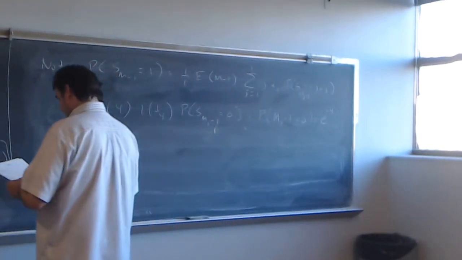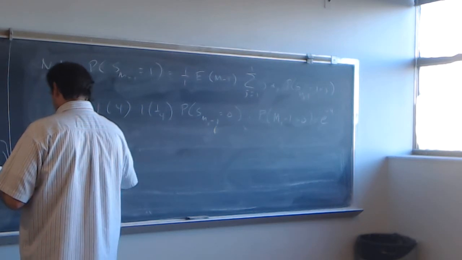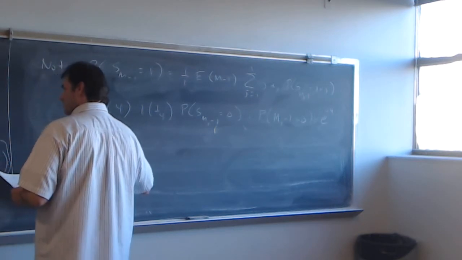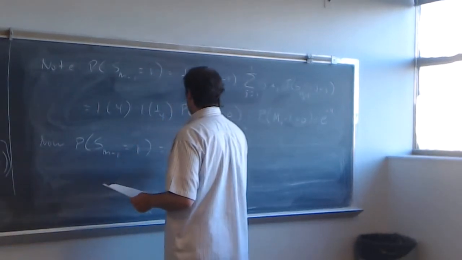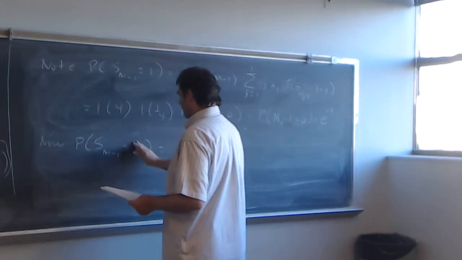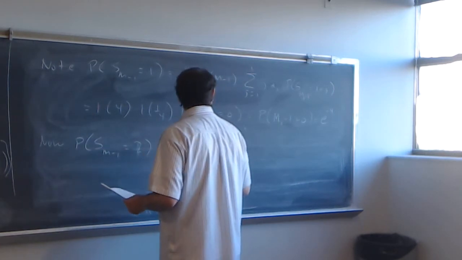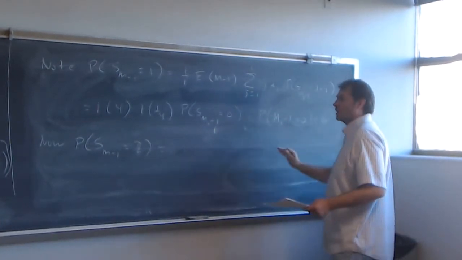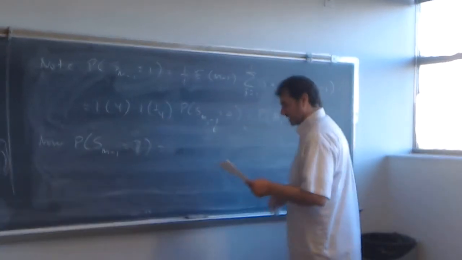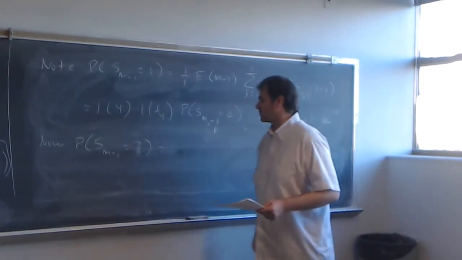This is correct. Now, the probability that S sub n minus 1 equals 2, which is something else I need, using our identity. So here I made a mistake. This is e to the minus 4, that's right, but I had forgotten to talk about these numbers out front.